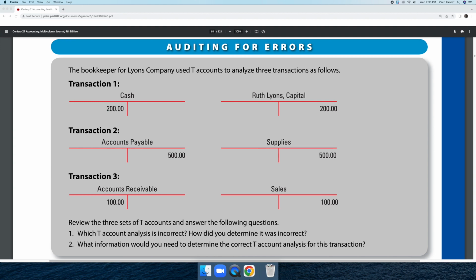And question number 2 is asking us what information would we need to determine the correct T account analysis for this transaction. Okay, so now that I have read over the instructions, let's jump right into the Chapter 2, Auditing for Errors.